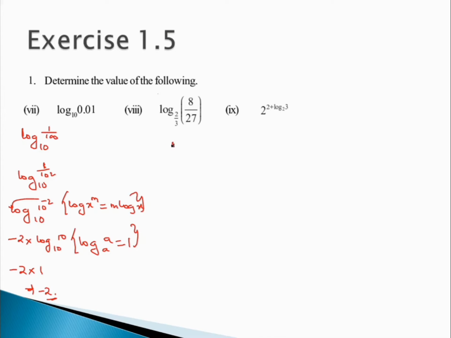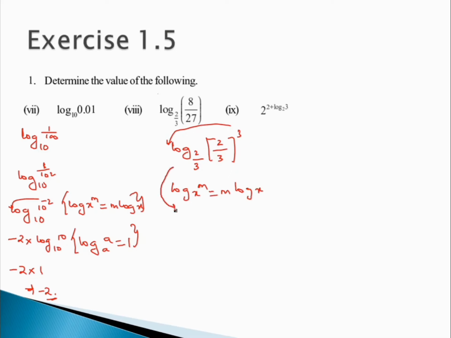How can I write this? Log of 2 by 3 into, I can write this as 2 by 3 cube, right? So I'm shifting this number over here using the formula log of x to the power n of x.